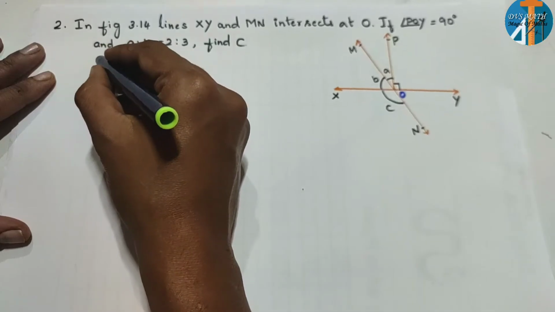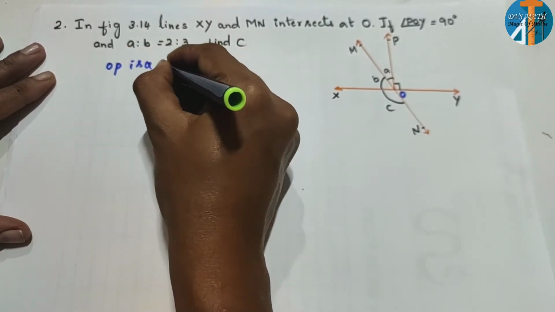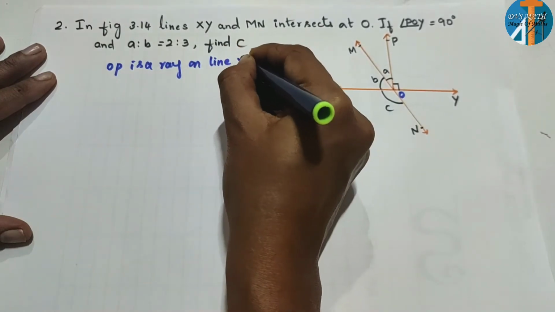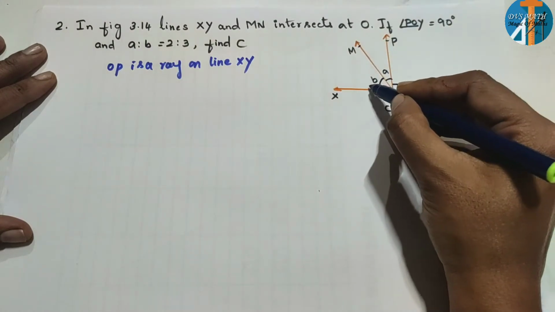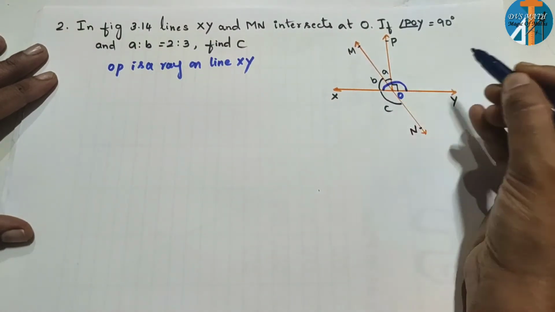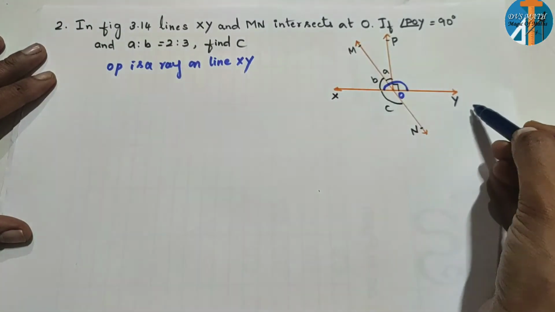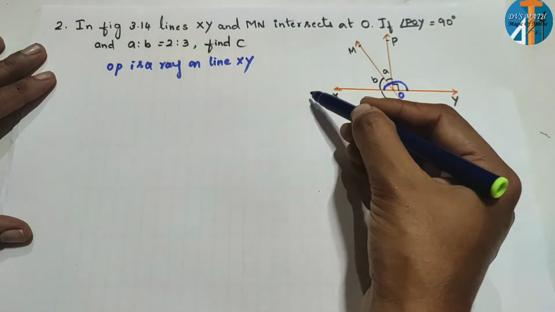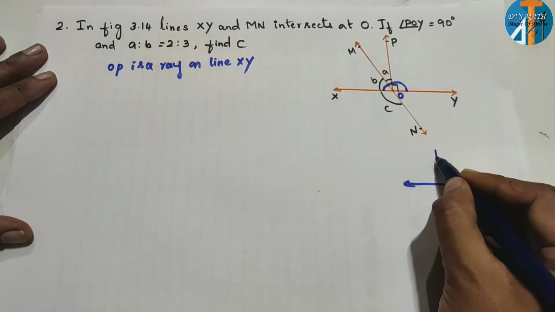So first, OP is a ray on line XY, observe here, XY. Then the whole angle, observe here, I am showing on this line, this side. So this whole angle is equal to 180, right? Means the sum of POX and POY. It is like this, observe, I am writing here.